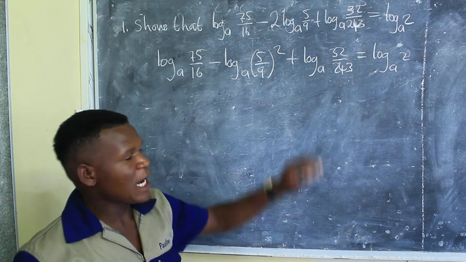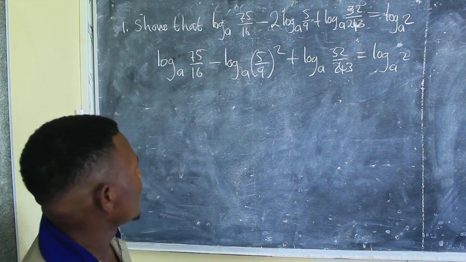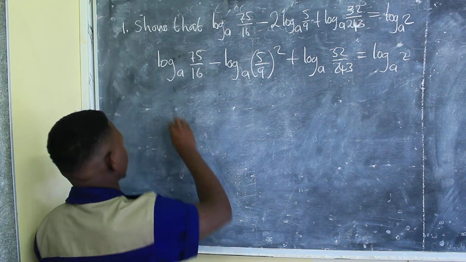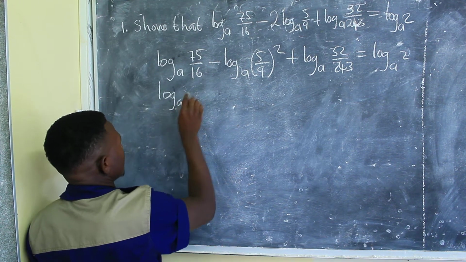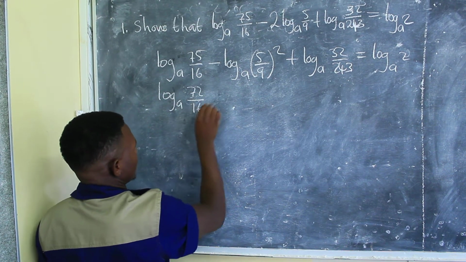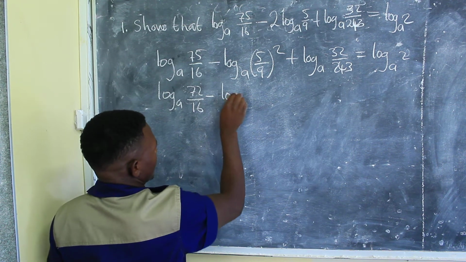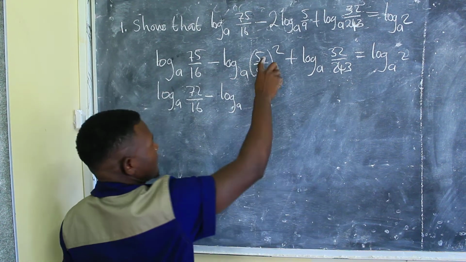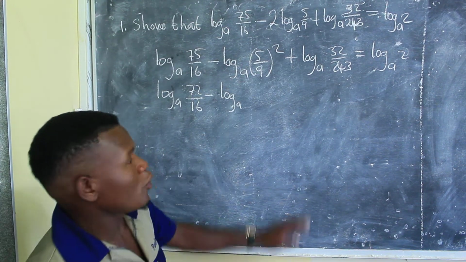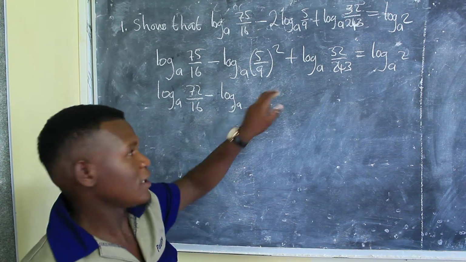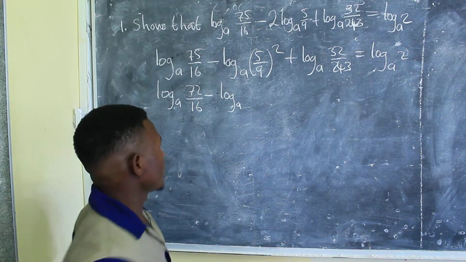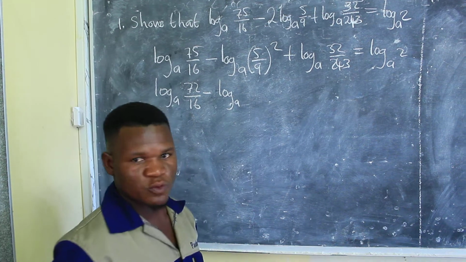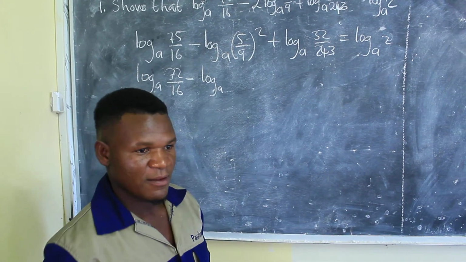Number 2, I solve the bracket. I need to solve what is in the bracket. So I will still have log base A 75 out of 16 minus log base A. This power is going to apply on both digits here. So 5 raised to the power 2, what is the answer? 25.